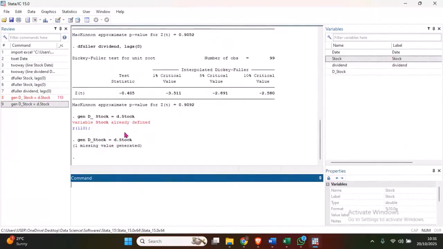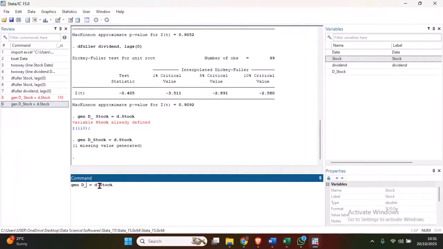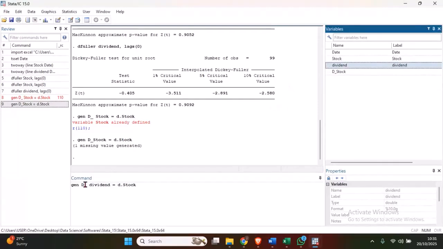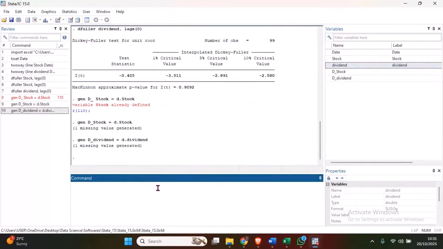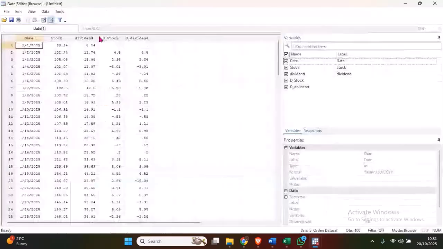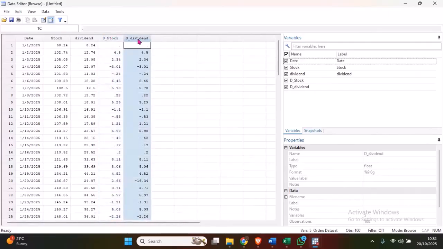You also generate the first difference of what? Of dividend. So this is D dividend. Generate like that. And then if you look at the data, you can see we have generated two variables, the first difference of stock and the first difference of dividend.